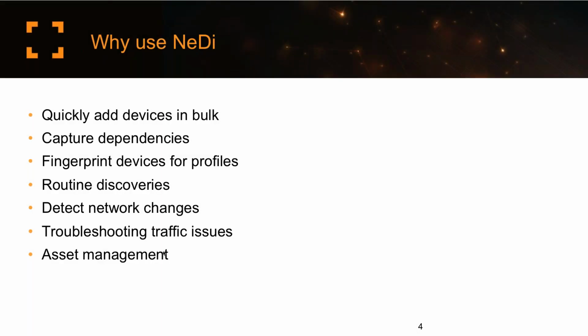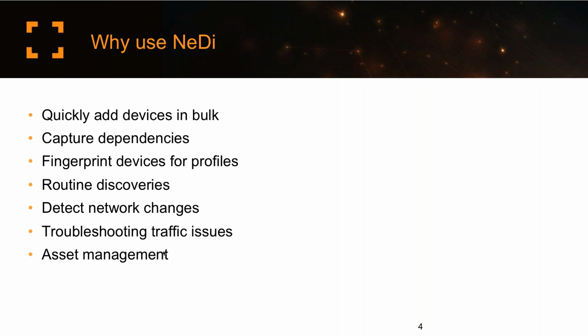So why use NeDi? With NeDi, you can quickly add your devices in bulk to GroundWork with network dependencies automatically detected and populated. And then after the initial import, you can schedule routine discoveries to detect rogue devices or configuration changes.